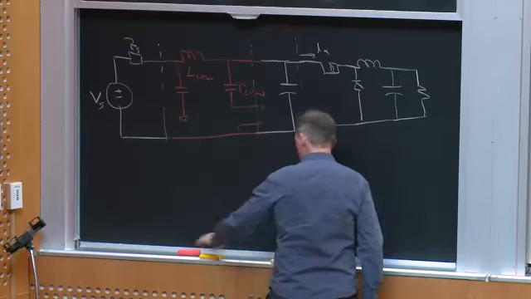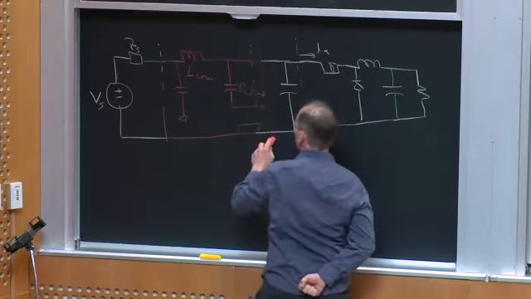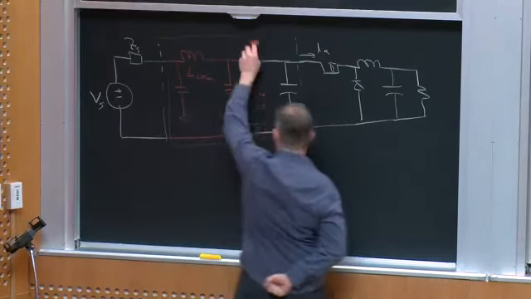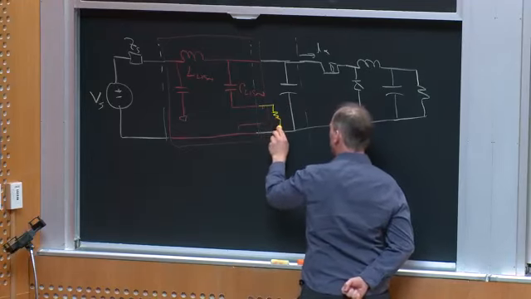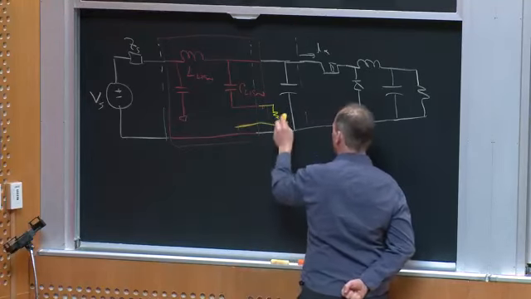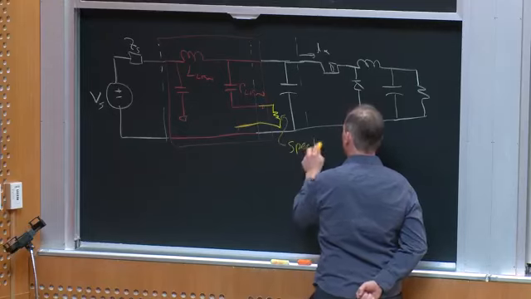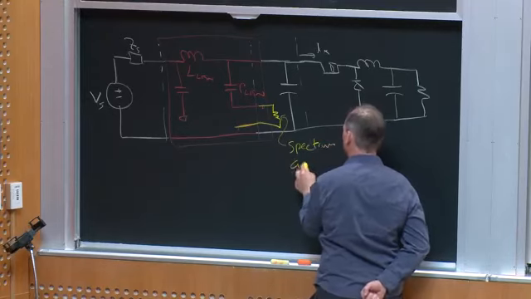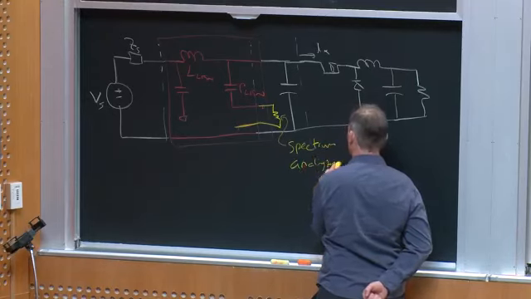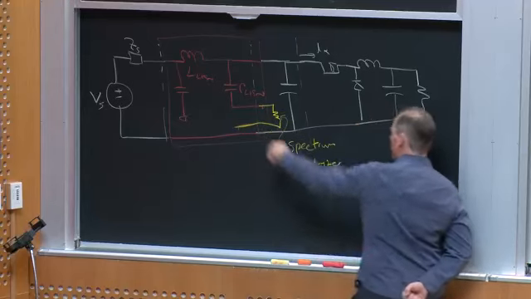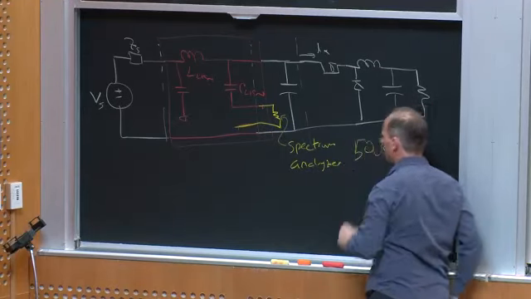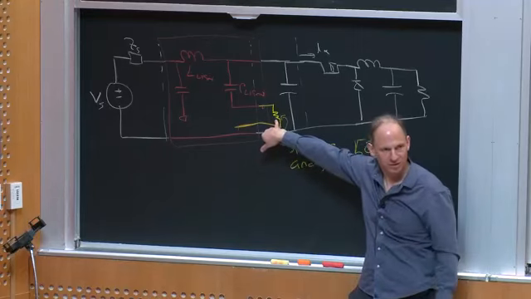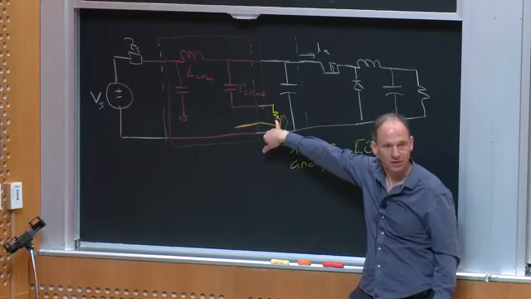If this is my vehicle battery, that's what I'm going to plug it into, okay? And this element here comes in a box. It's a standardized element. And then I'm going to plug the output of this thing into a spectrum analyzer. The input of the spectrum analyzer has a 50 ohm input, right? So basically my spectrum analyzer looks like a 50 ohm input, okay?